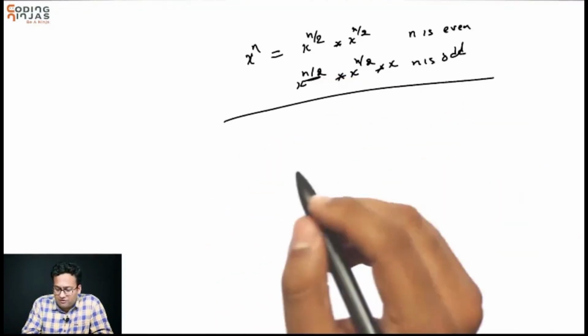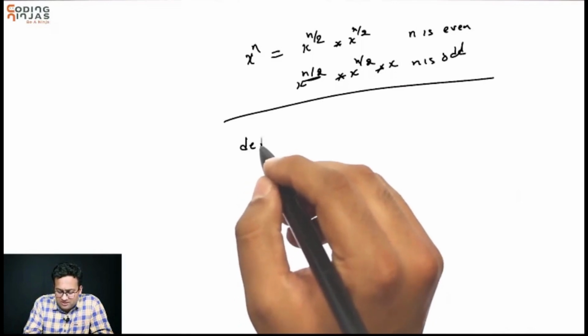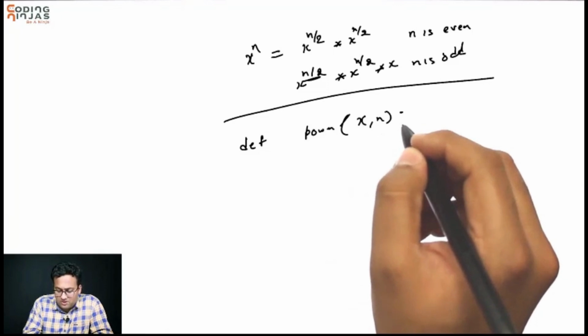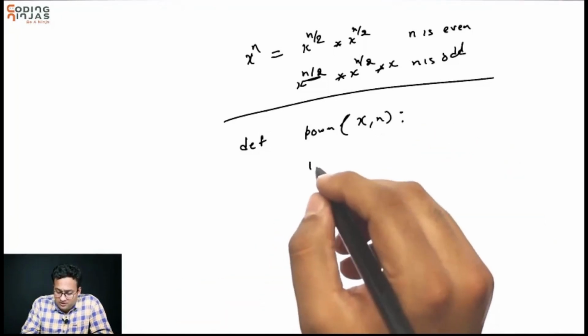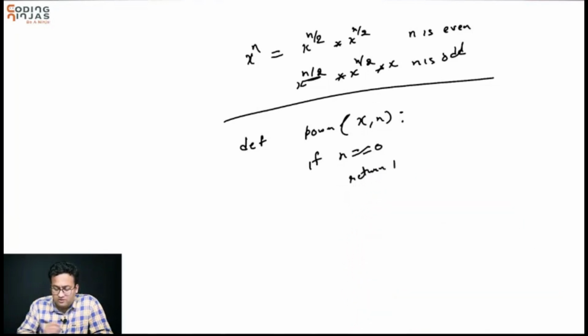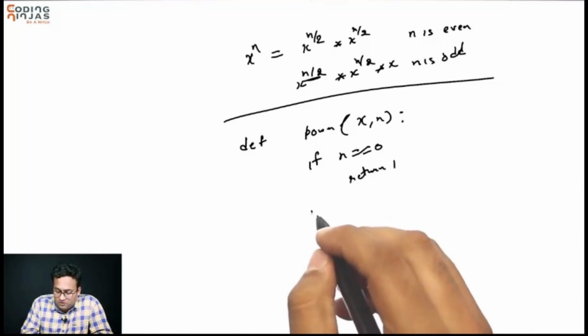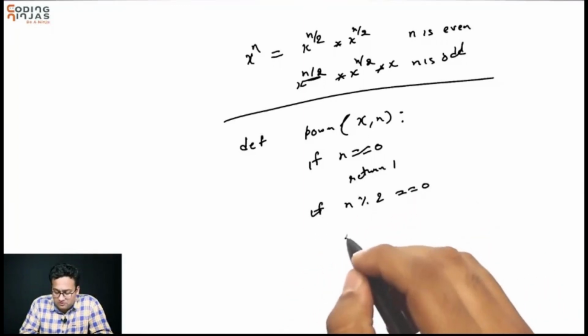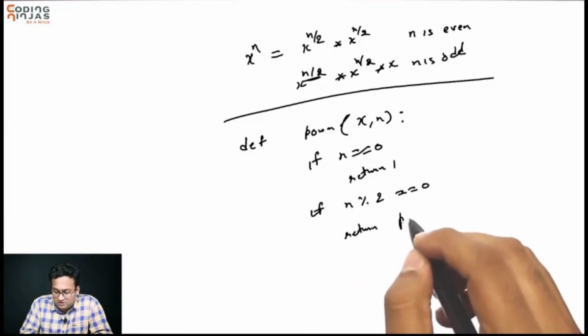Okay. So if I have to write code for this, I'll write something like this. Power x comma n. If n equal 0, I will return 1. Otherwise, if n percentage 2 equal 0, then I can return.